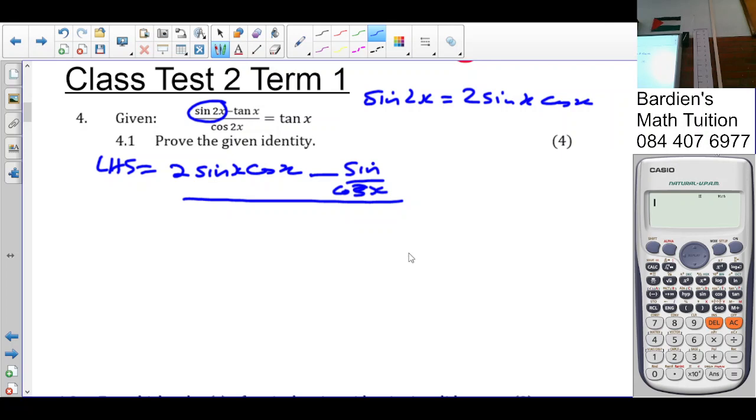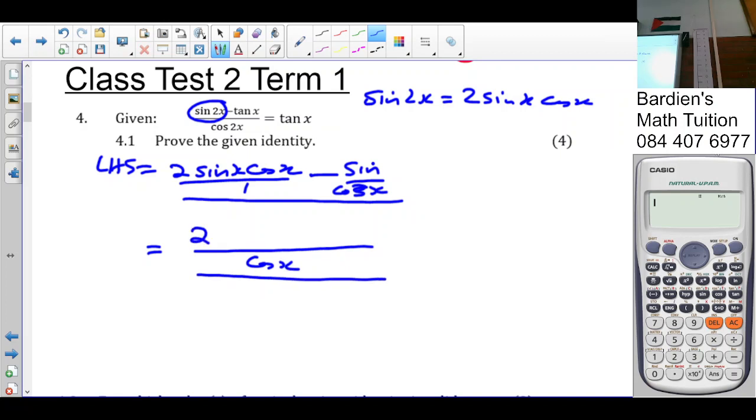Okay? Okay, I'm going to leave that blank for now. What's my LCM here? Sorry? Cos x. So in the numerator, LCM is cos x. Remember the denominator I'm going to fill in now. So it's 2 sine x cos squared x minus sine x over that we're going to fill in now.